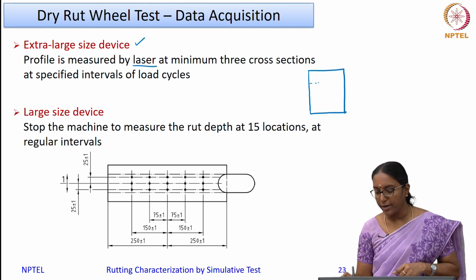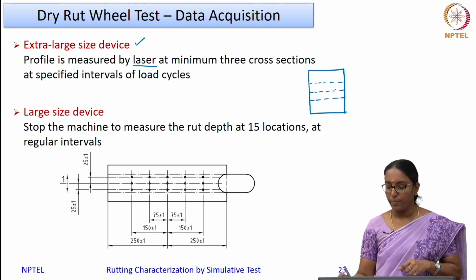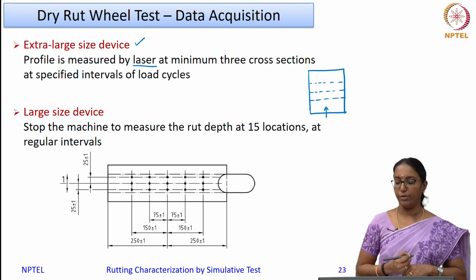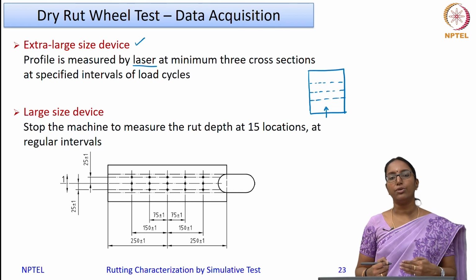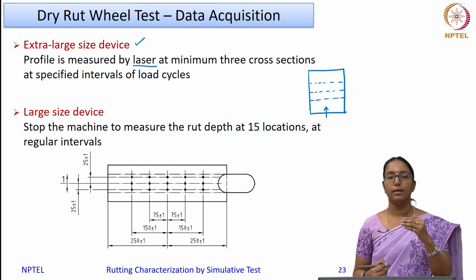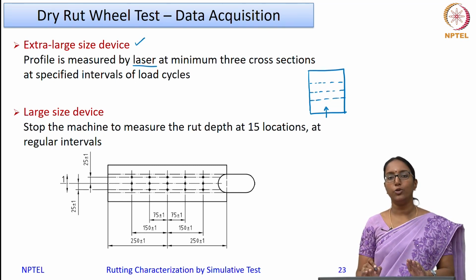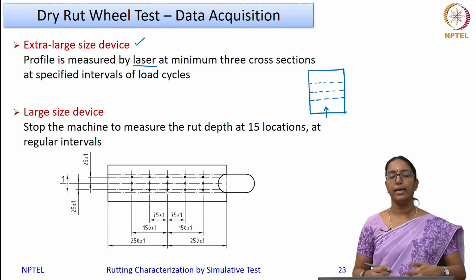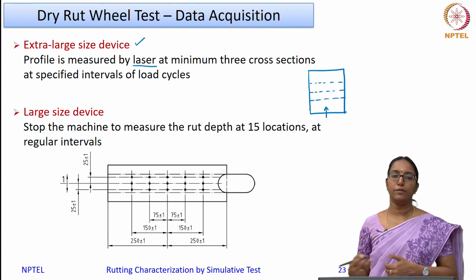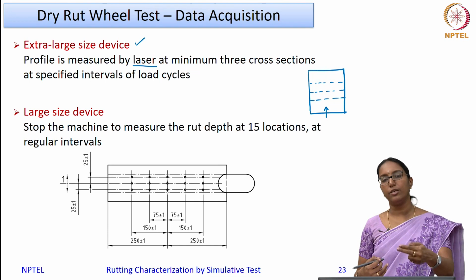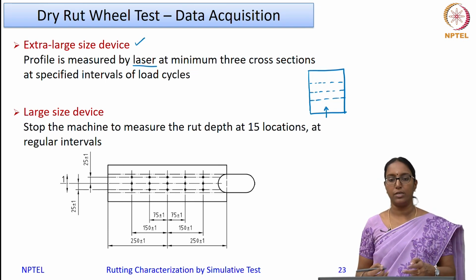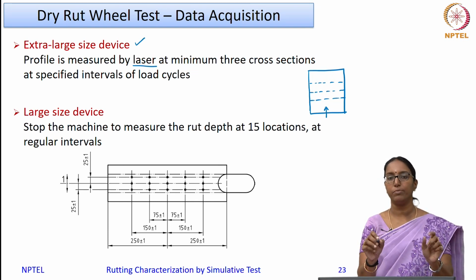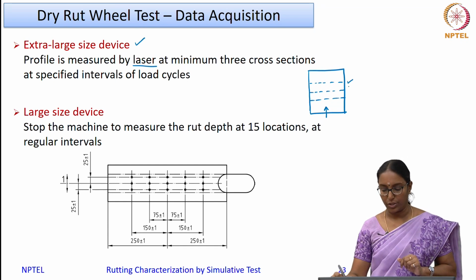At 3 different locations, you will have the lasers. This is the direction of movement of the wheel. So, at 3 locations, you collect the profile of the surface. Initially, you take the initial profile, and then after regular intervals of test cycles, you take this profile using the laser at 3 different locations, so that you can get the entire top cross section at 3 locations.